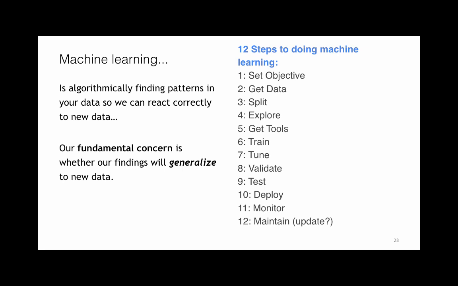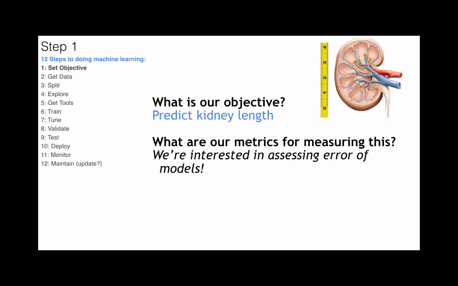So the example that we're going to use here is something completely, I'm not sure that anyone would actually want to do this, but we're going to use it as an example. Right? What we're going to do is build artificial intelligence technology into an EMR that's going to take all sorts of data that is commonly collected during an exam and predict the length of that patient's kidney, because we've decided that for some reason this is important.